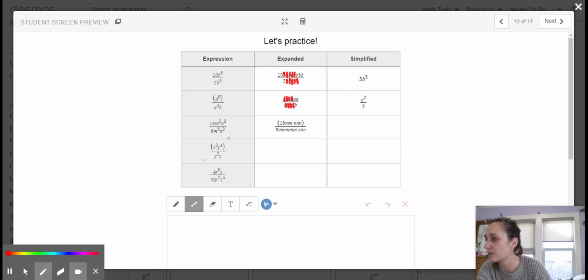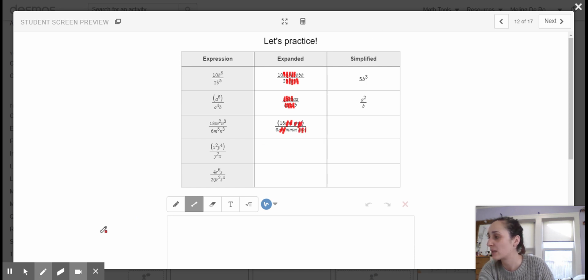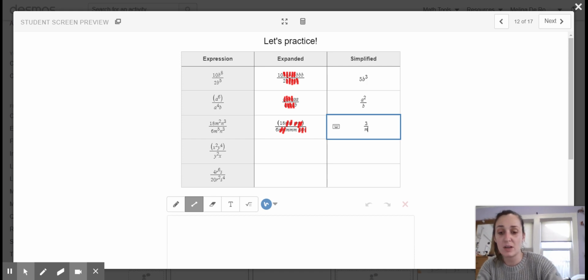I have 2 m's in the top, which cancels with 2 m's in the bottom. 3 n's in the top cancels with 3 n's in the bottom. Now what's left over, I have to do 18 divided by 6. That leaves me with a 3, and that's going to be in the numerator because 18 is bigger than 6 and 18 is in the top. So the 3 stays in the top. Then the only variables I have left over in the bottom are my m to the third power, so they're going to stay there.